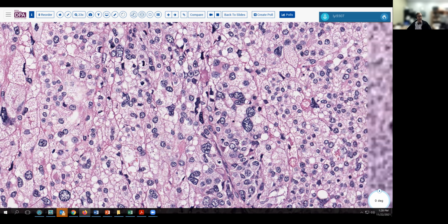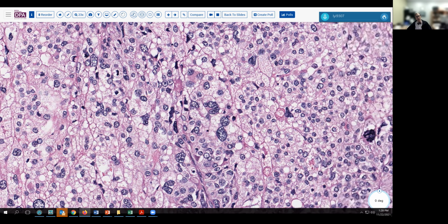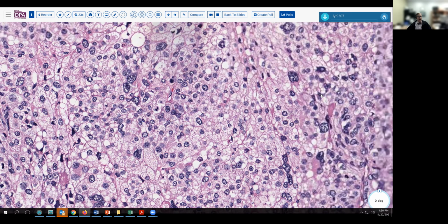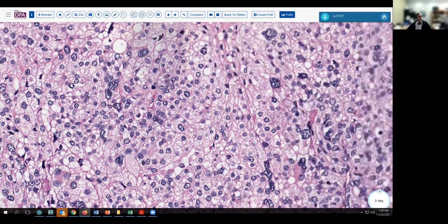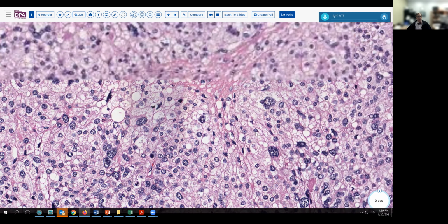So concern for other neoplasms with sort of foamy cytoplasm might come into play, sebaceous carcinomas and so forth. But this is fairly characteristic with these diagnostic lipoblasts of a pleomorphic liposarcoma. And this being a more epithelioid type of variant of that disorder.